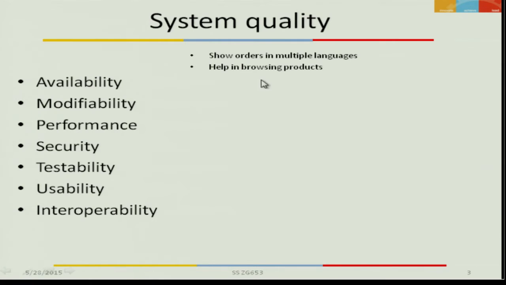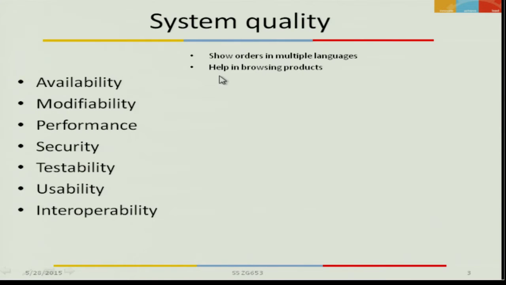Obviously help in browsing products is not a very good quality requirement as far as our quality requirement capturing process. So we learned how a quality requirement can be captured using scenarios.